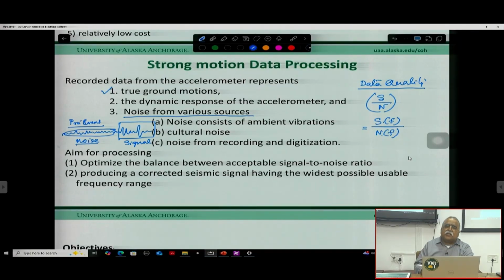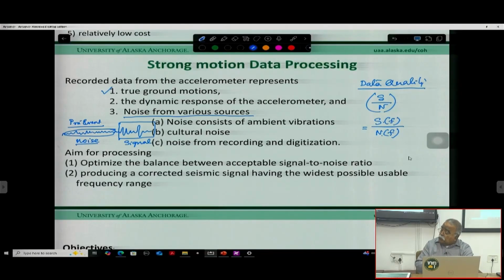If the noise is comparable to the signal, then definitely it is not good quality data. We require the signal level to be at least 3 times the noise level to qualify that record as a good signal to noise ratio record. So we have to calculate that in order to understand the quality of the data.